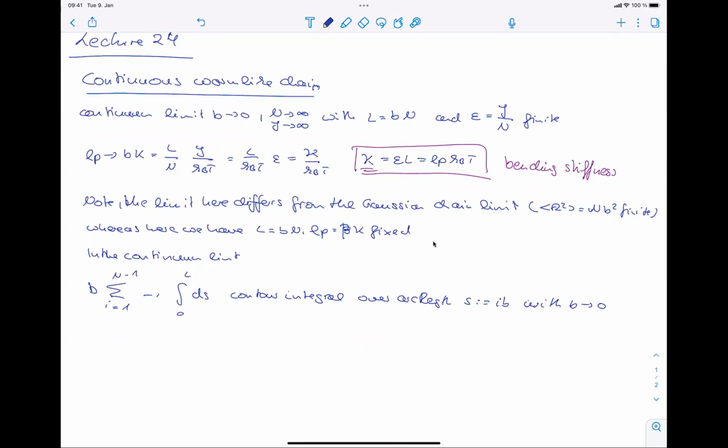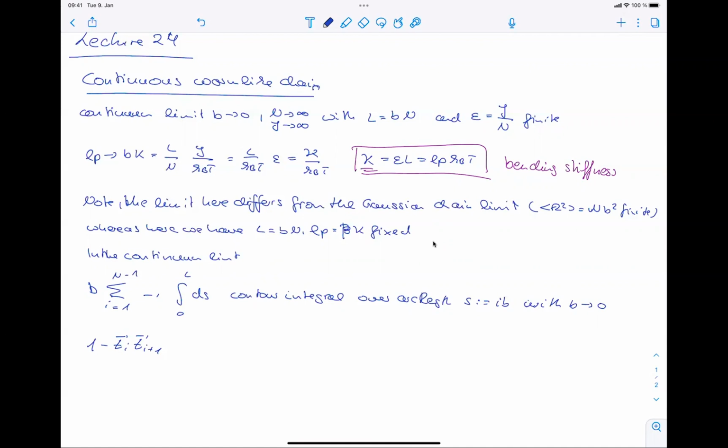Then, remember, the bending stiffness was the deviation in angle from the straight rod limit, which we can write as 1, the rod limit, minus the scalar product of two subsequent tangents, which, given that they're normalized to 1 each, is just proportional to the angle they enclose.